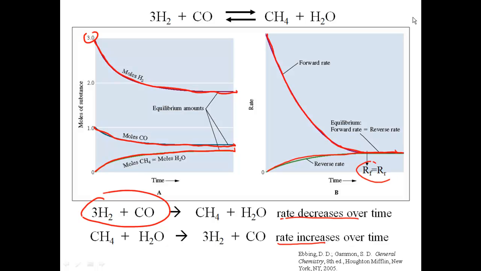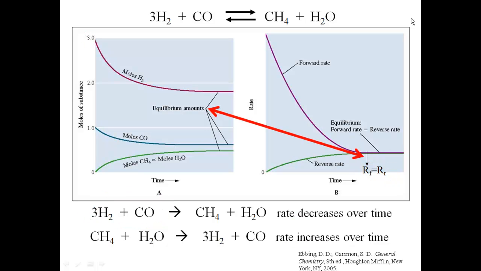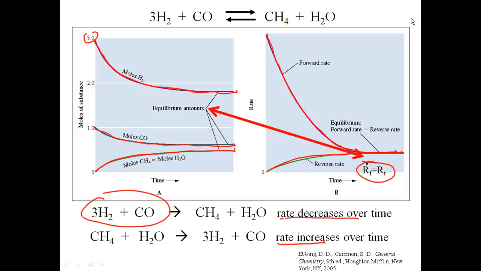The point where my forward rate and my reverse rate are equal will occur at the same point in time where my concentrations level off. So when my concentrations level off to some constant value, that is the same point that my rates are equal, and that is what we refer to as equilibrium. That is the point where we reach equilibrium.